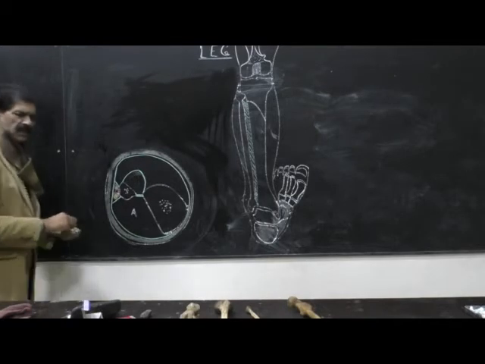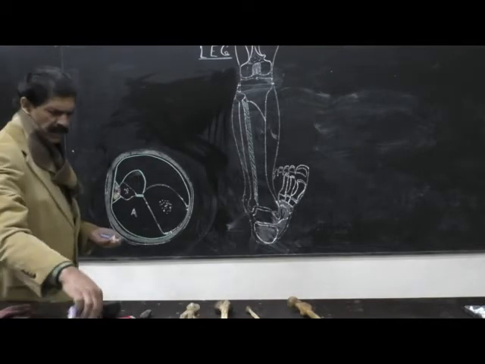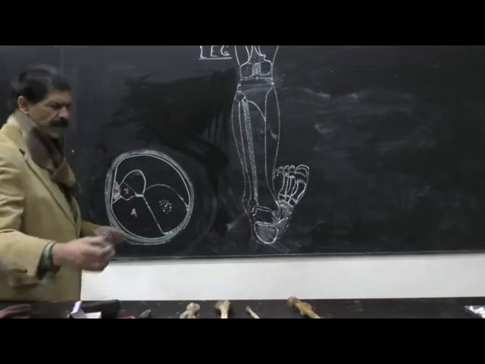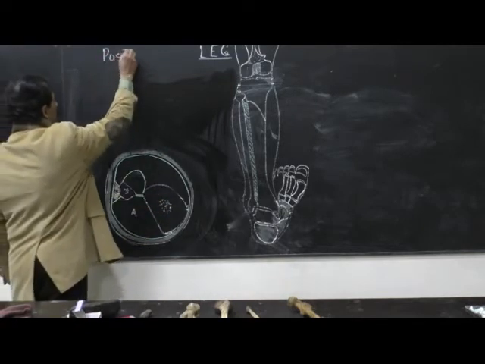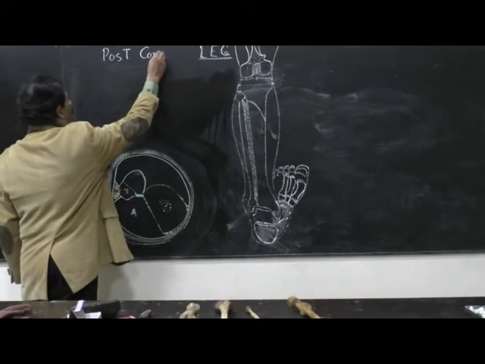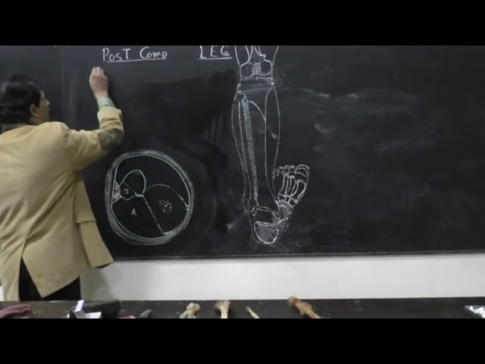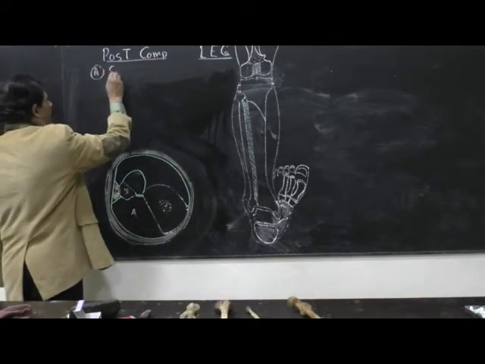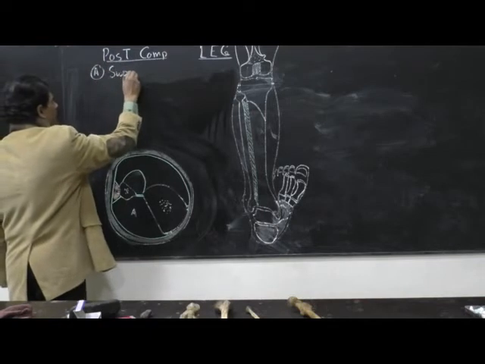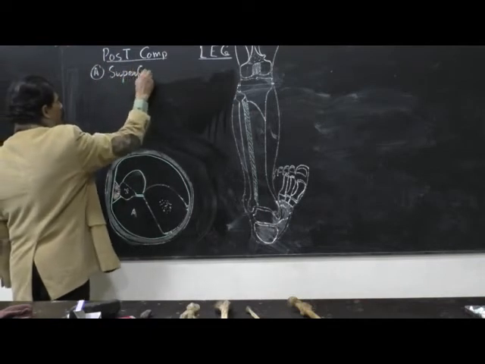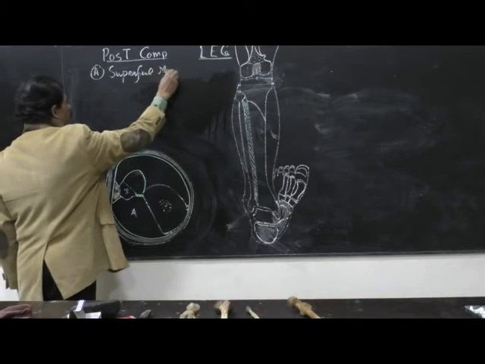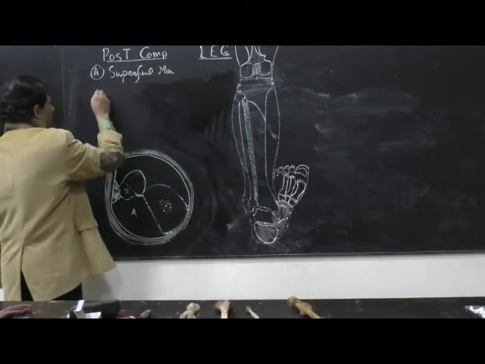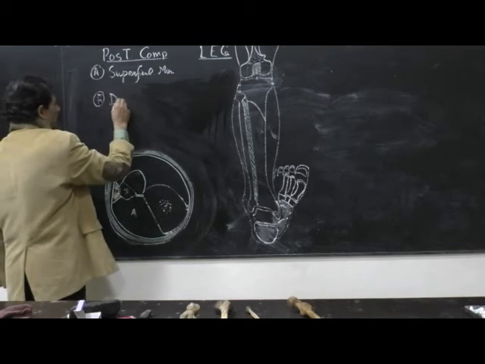And when we study the superficial and the deep compartments of the posterior compartment of the leg, the first group is the superficial muscles, and the second group is the deep muscles.